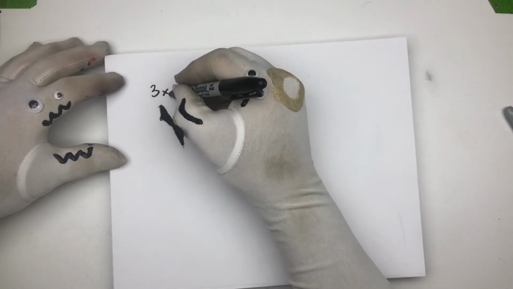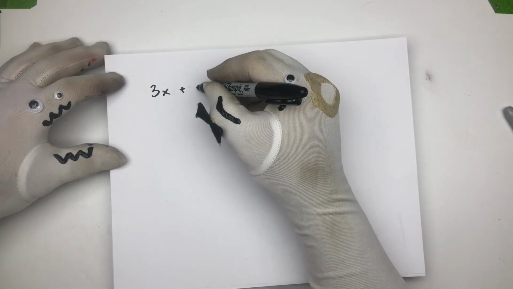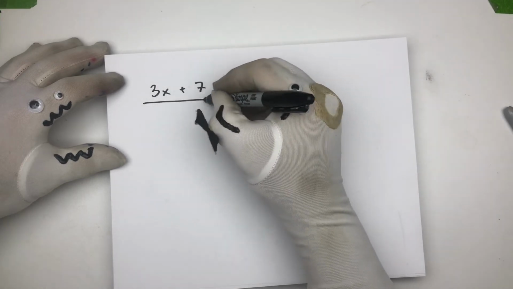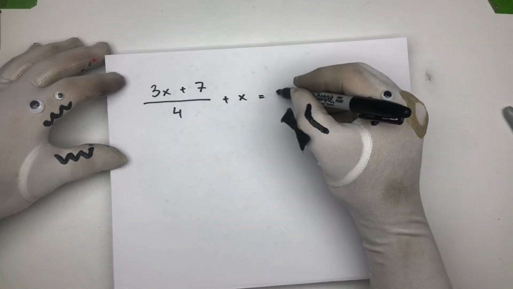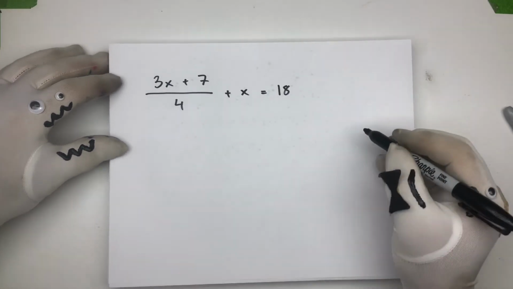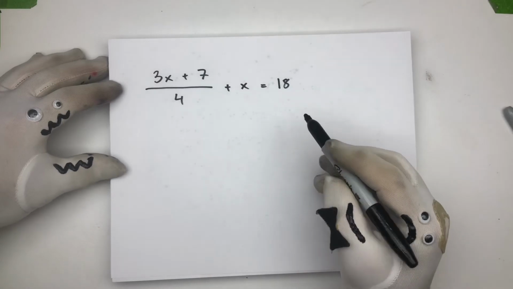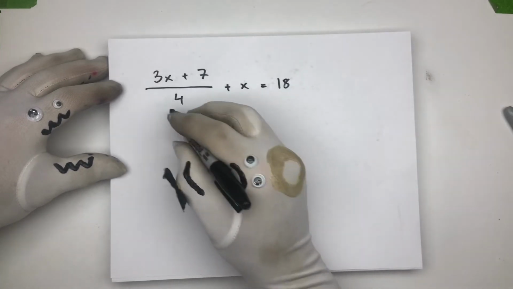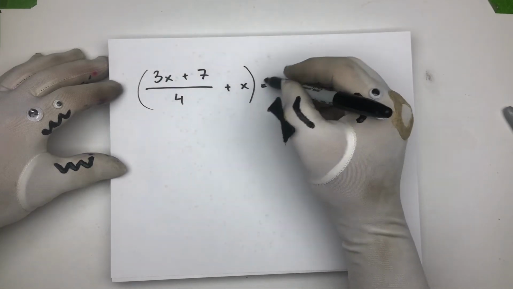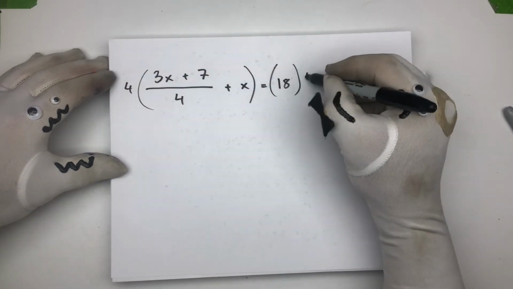Okay, so we have 3x plus 7 all over 4, plus x, equals 18, and I'll ask you to solve for x. I'm going to multiply the whole equation by 4 first, so I can get rid of that fraction.